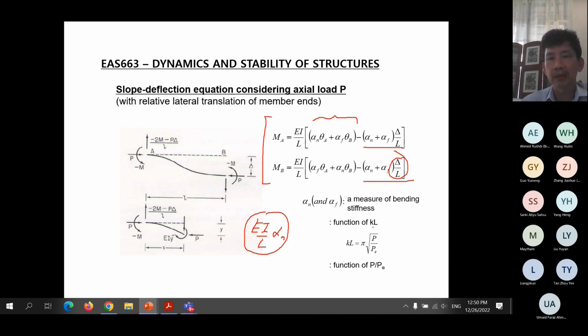And this KL can be further rewritten into this form, which is KL equal to pi times the square root of P over P critical, or P over P Euler. So actually alpha n and alpha f are a function of this ratio. So alpha n and alpha f are a function of P over P critical, or in this case we use P Euler because it is considered as both ends pin conditions.